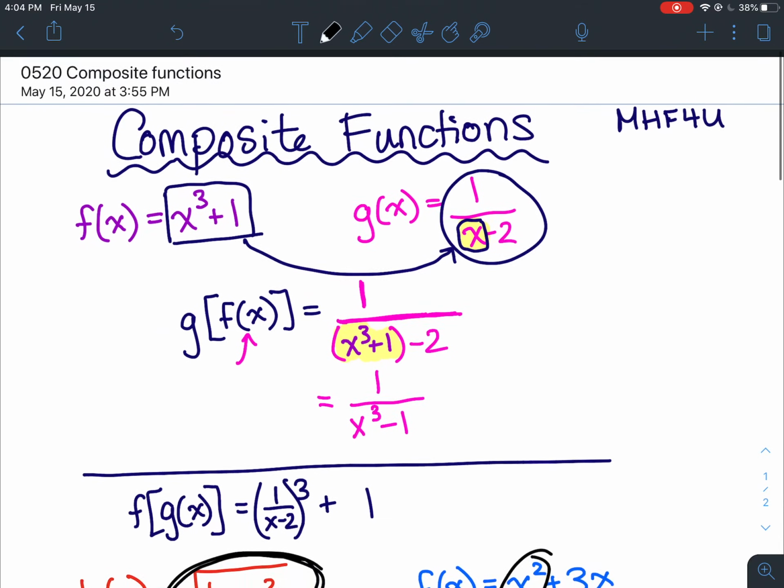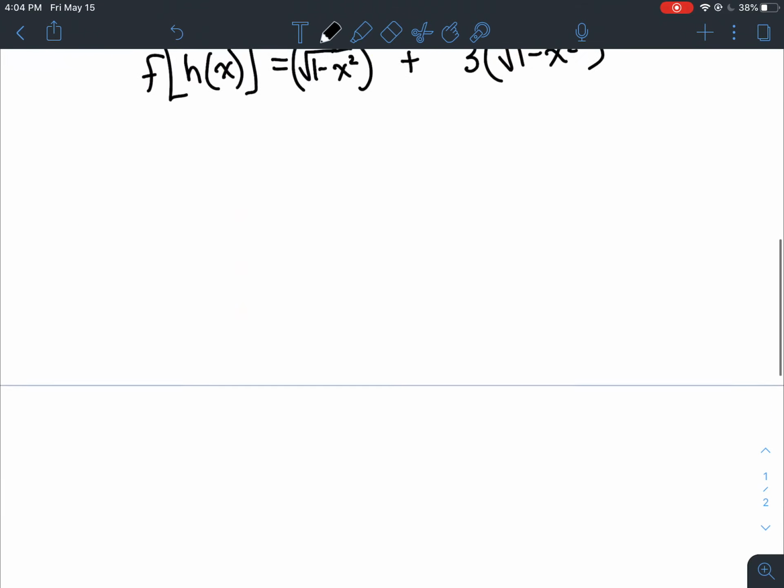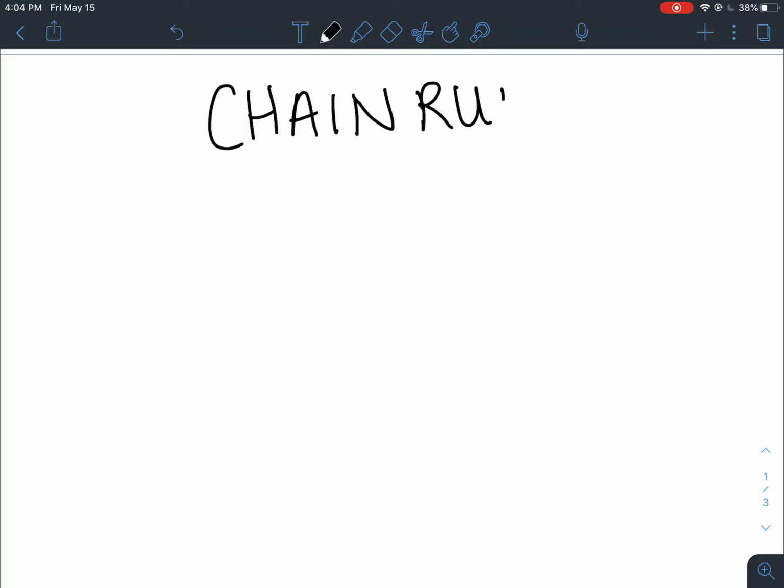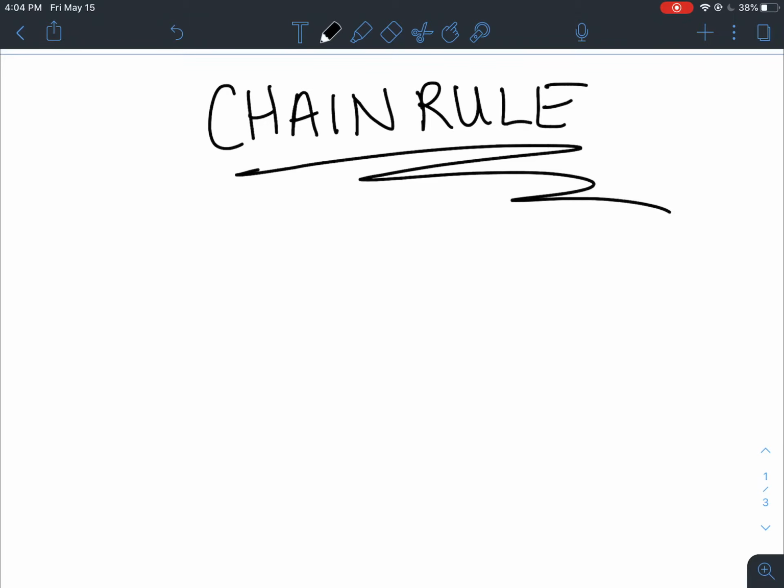These are called composite functions, and they're going to be super useful when you learn the chain rule, which is coming very soon. The chain rule is like the most important derivative rule in calculus.